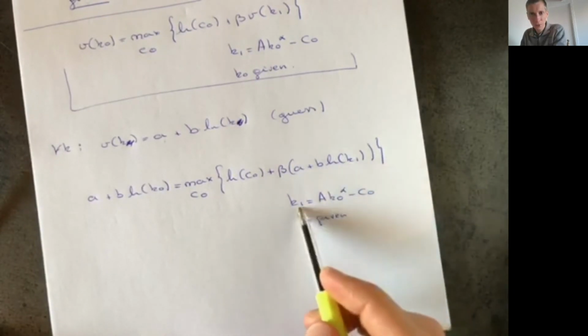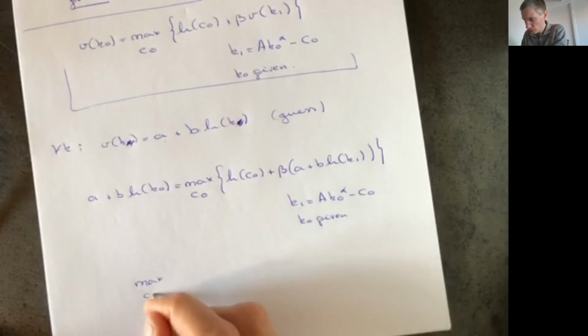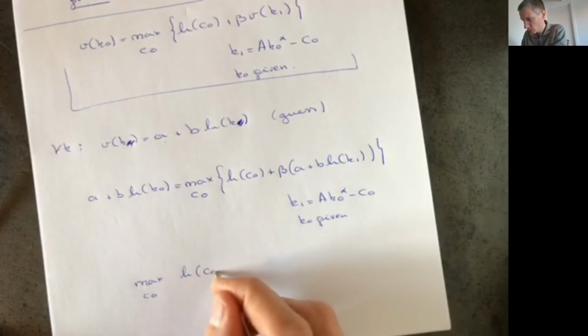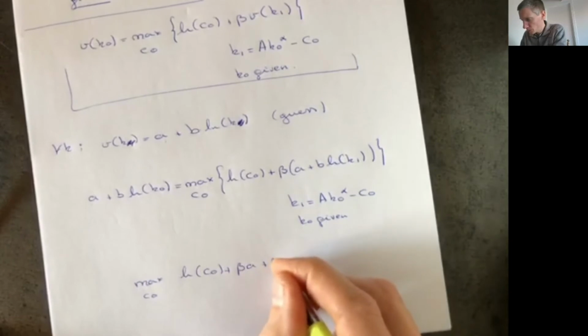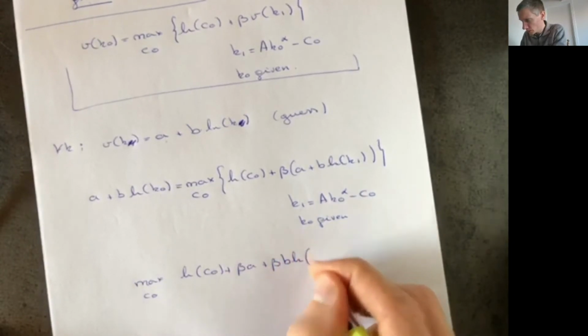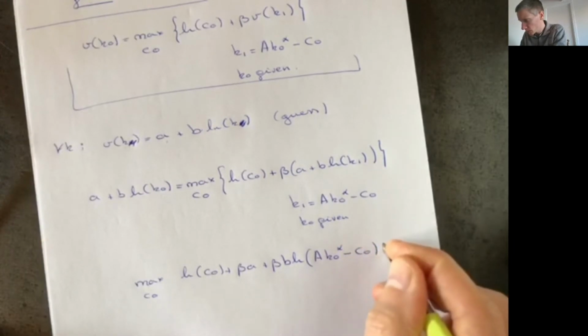So let me substitute k1 in this function. I'm trying to maximize over c0 of ln c0 plus beta times a plus beta times b of ln of (a k0 to the power alpha minus c0).